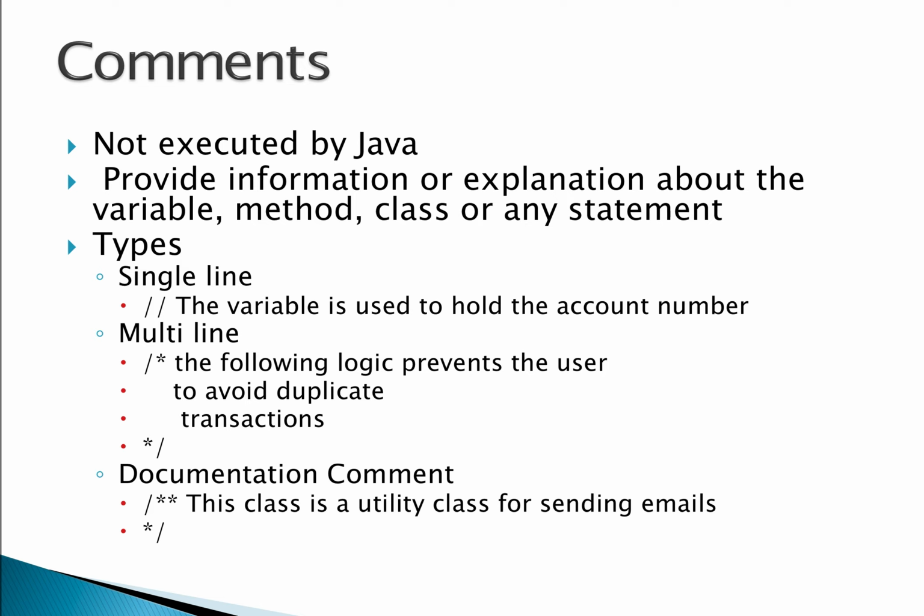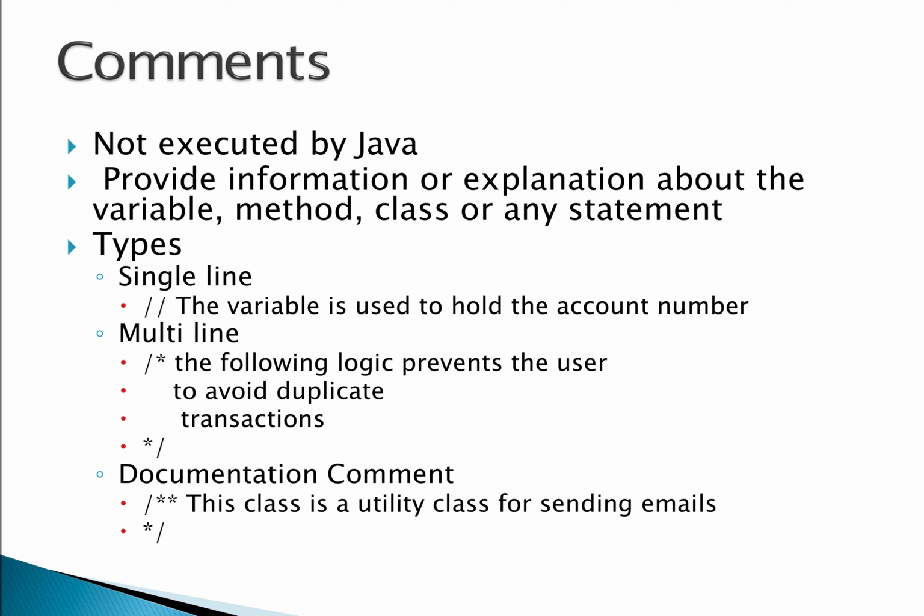Documentation comment is similar to a multi-line comment, but it starts with slash star star and ends with star slash. A documentation comment is basically to provide comments about a class or about a method. That marks the comment as a documentation comment.